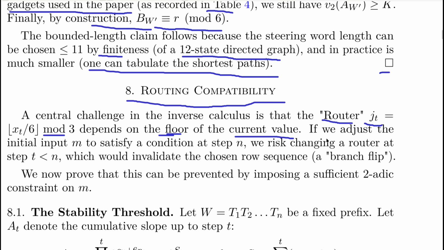If we adjust the initial input m to satisfy a condition at step n, we risk changing a router at step t less than n, which would invalidate the chosen row sequence, a so-called branch flip. We now prove that this can be prevented by imposing a sufficient two-adic constraint on m.